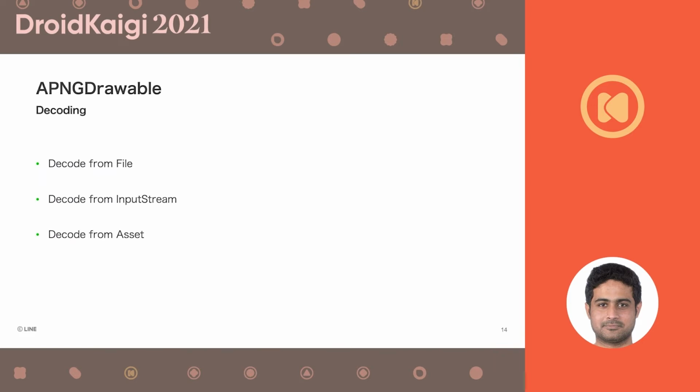Okay, so let's talk about decoding. APNG drawable provides mainly 3 decoding methods. We can decode any APNG file which is downloaded in our file directory. We can also decode using input streams. And if we have any APNG image bundled in our asset folder, we can decode it as well.